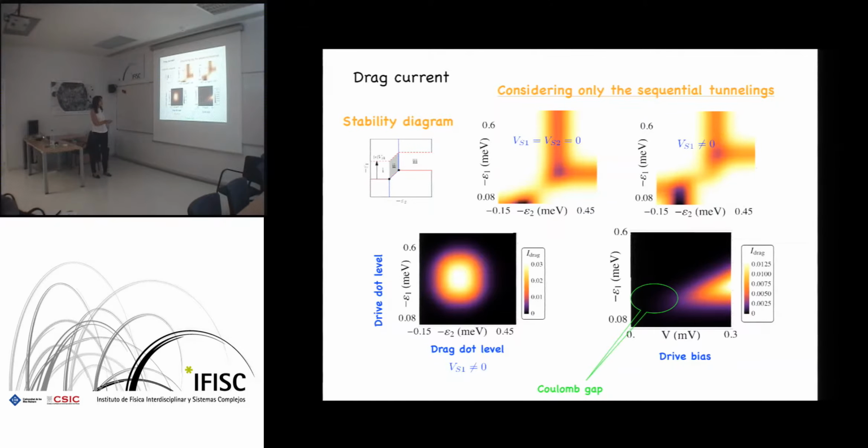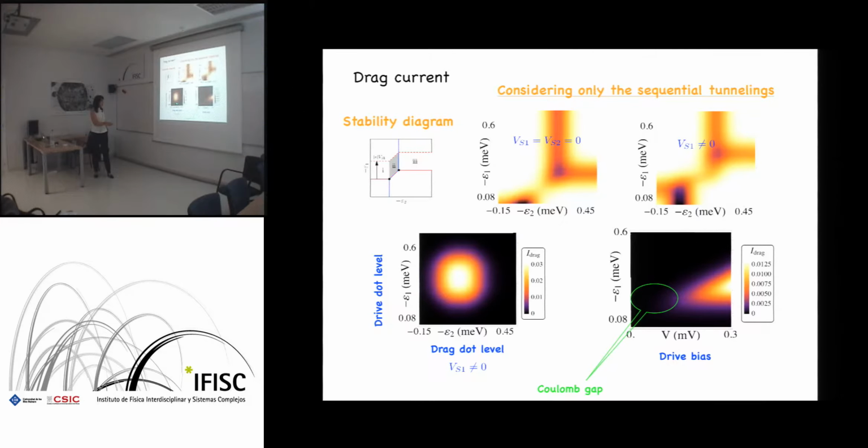So this is the triple point where transport is allowed. So then we see that having one of the dots unbiased, so here the drag system is unbiased, we have some drag current because the drive system is biased.